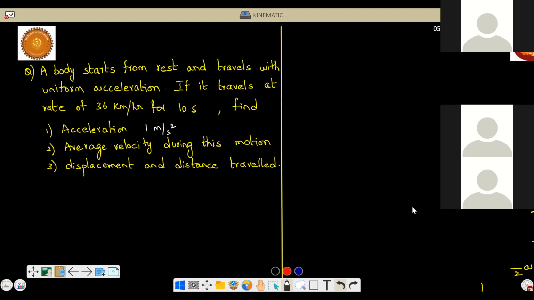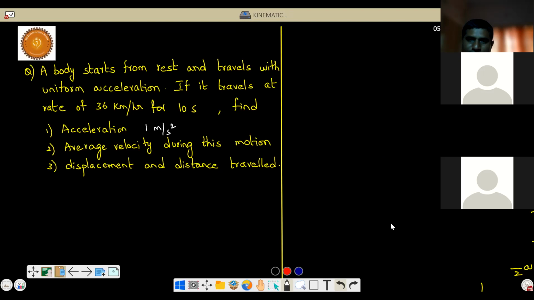Shraddha. Sir, yes, sir. Show me your notes. Sir, 1 minute. Others are not responding. Are they there, or is it some internet problem? I don't know. Hemant, can you show your notes? Yes, sir. 1 minute.